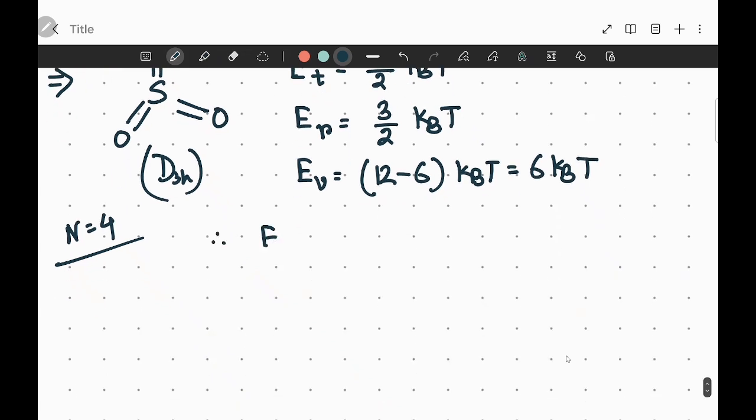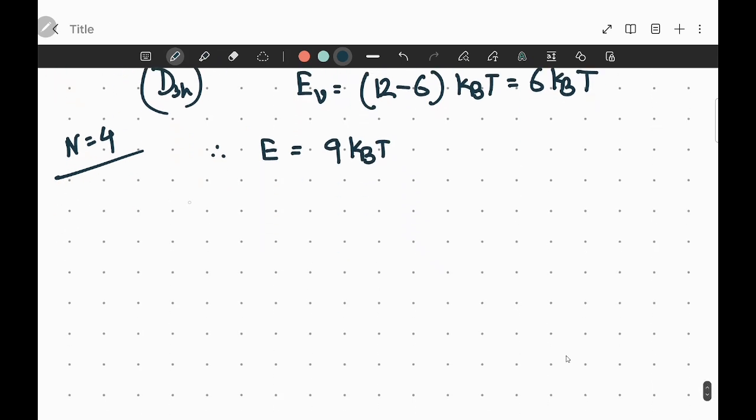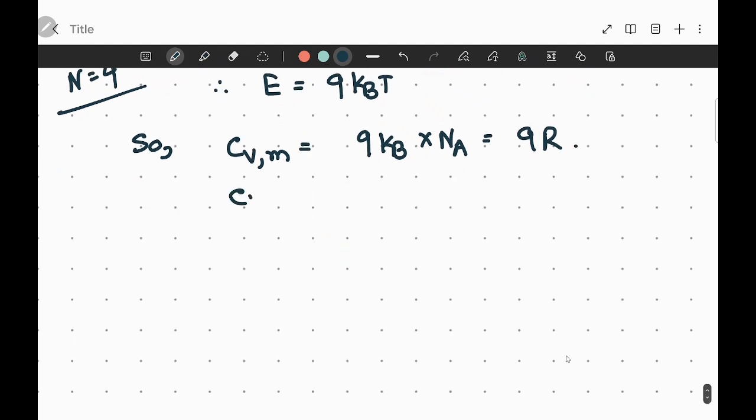So total E will be 9 kT. That means CVM for 1 mole will be 9 k into NA. So it is linear. Now you can also calculate CPM.